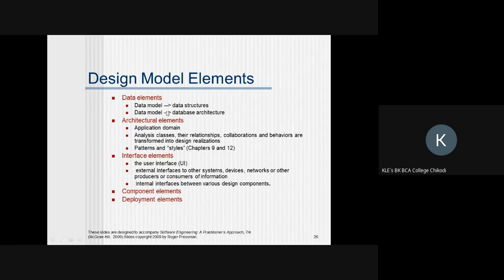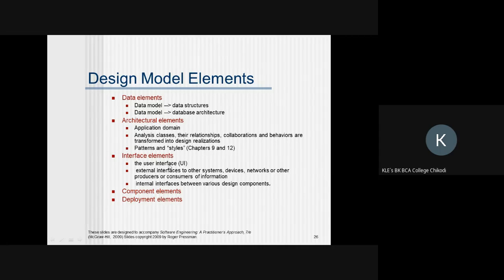And database architecture. Then structural elements: application domain, and then analysis classes, their relationships, collaborations, and behaviors are transferred into design realization. Patterns and styles.